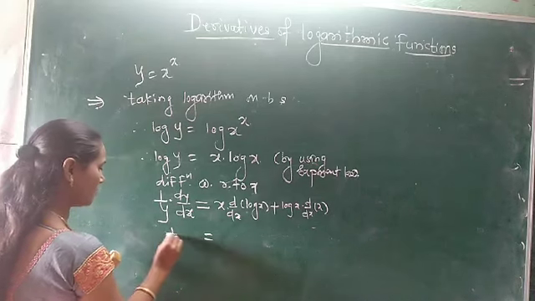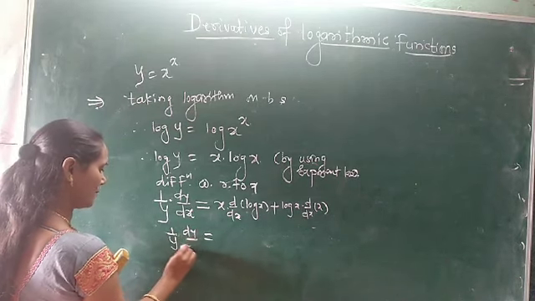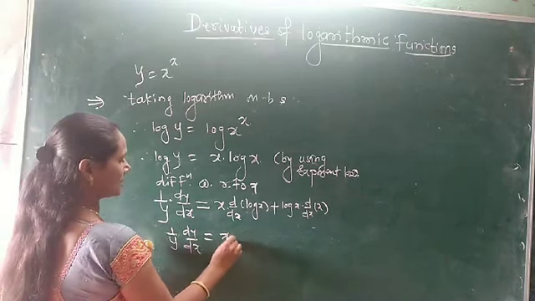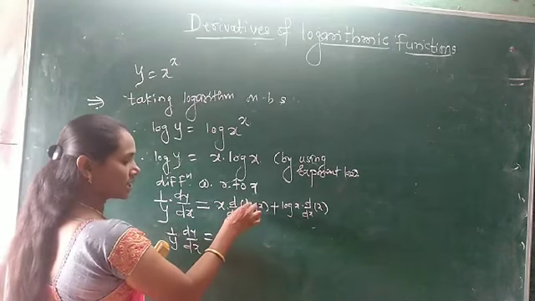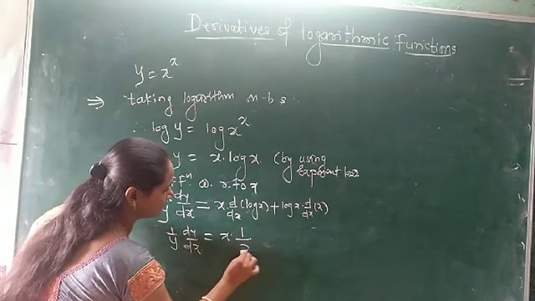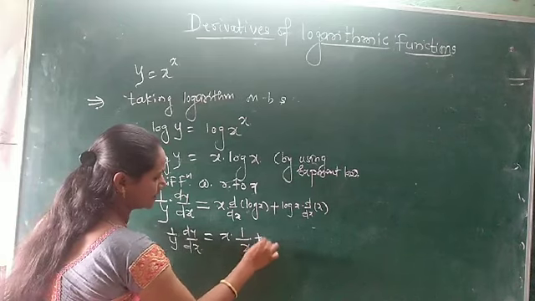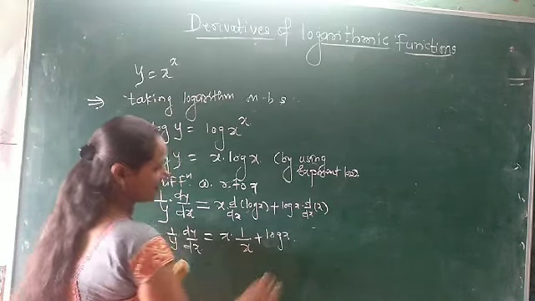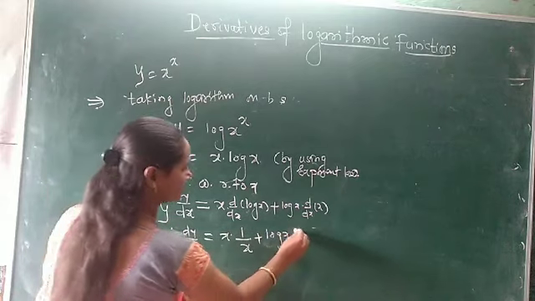So 1 upon y into dy upon dx is equal to x as it is into the derivative of log x, 1 upon x, plus log x as it is, and the derivative of x, which is 1.